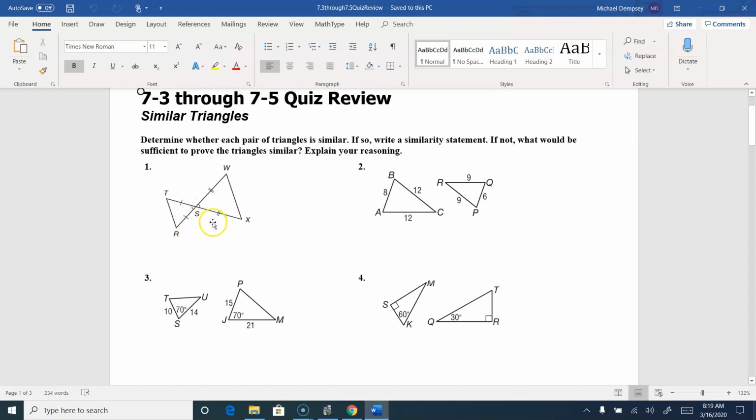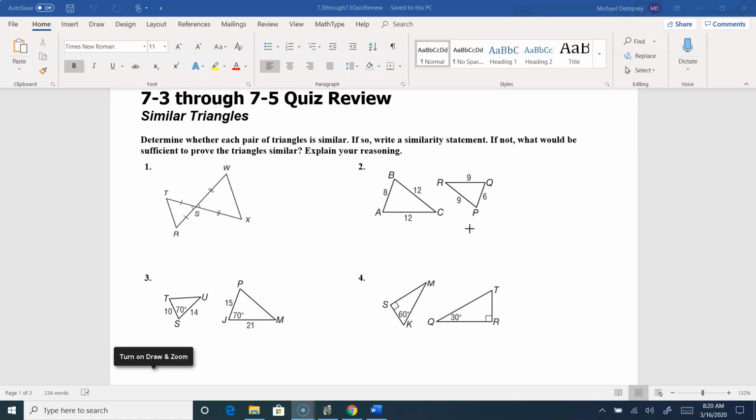So the two triangles are similar to each other. And then I would just want to make sure I list what two triangles are similar to one another. So in this particular case, triangle TSR is going to be similar to WSX. Okay, those are my two triangles that are similar, and they're similar by side, angle, side.